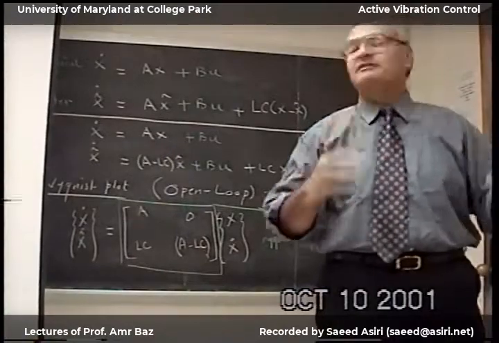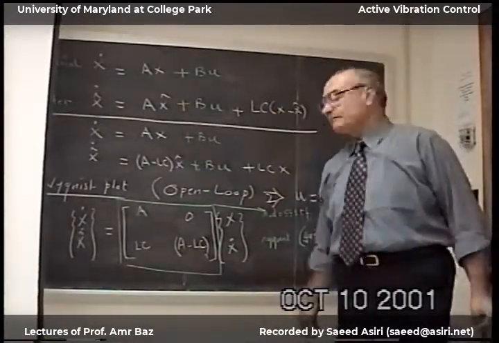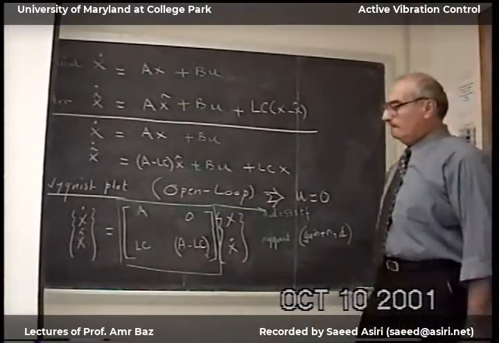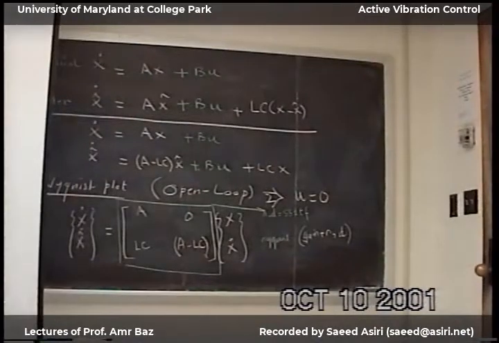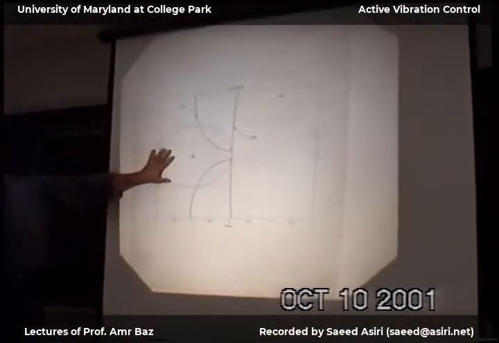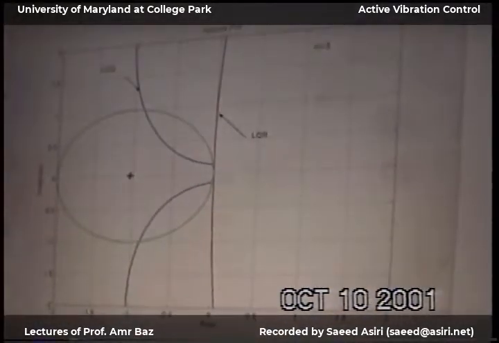So you have to write the description. But we will not use any controller. What I'm saying is that we don't have to use this. We can also use the Bode plot and look at the gain margin and the phase margins.